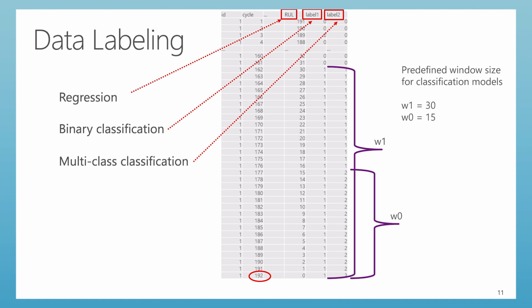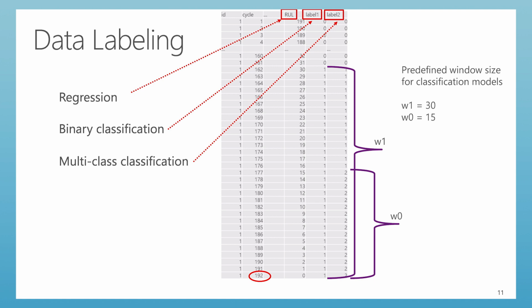As said earlier, each aircraft engine runs from the initial cycle through a certain number of cycles. For example, this first engine runs through cycle 192 and fails at that cycle. So we take that number and subtract the current cycle of each row to get the remaining useful life. It's a very simple subtraction. 191 equals this number subtracted by the current cycle 1, so that we can fill out the remaining useful life column.